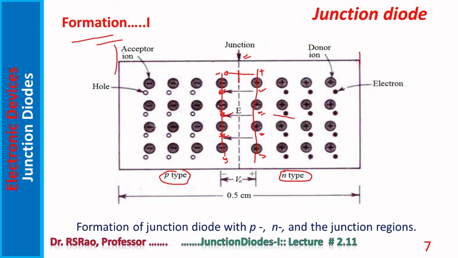Most important point to note here is that the direction of the field that has come into being, it doesn't allow the movement of holes from P side to N side, electrons from N side to P side.